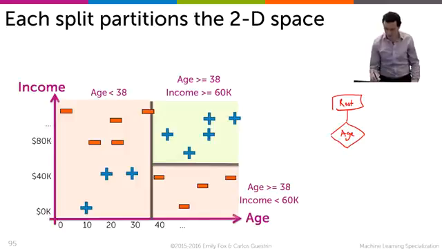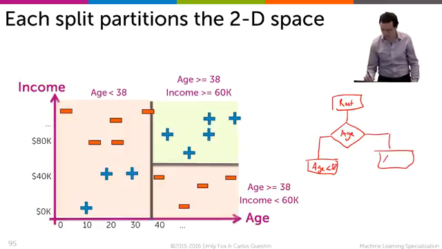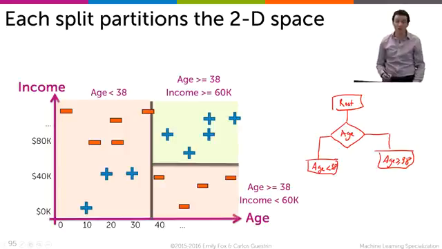The two possibilities we looked at were, is the age smaller than 38, or is the age greater than or equal to 38. So that was our first threshold split. And for those with age smaller than 38, let's say that we stopped right here, we'd see that there are 5 risky and 3 safe. So we'd predict risky. So that might be our leaf here.